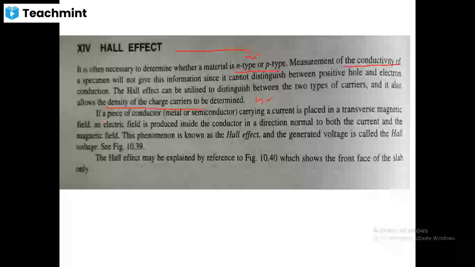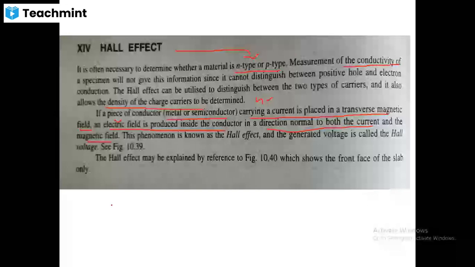We say that if a piece of conductor, whether it is a metal or a semiconductor, carrying a current is placed in a transverse magnetic field, meaning perpendicular to the direction of the current, an electric field is produced inside the conductor in a direction normal to both the current and the magnetic field. So here we say it is the electric field.